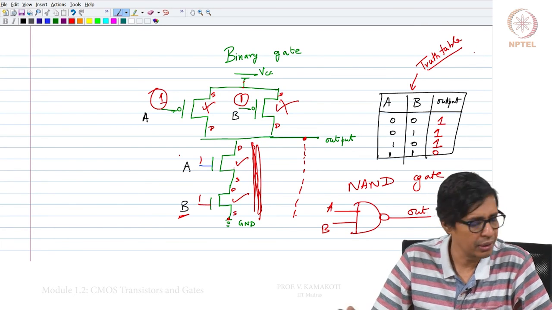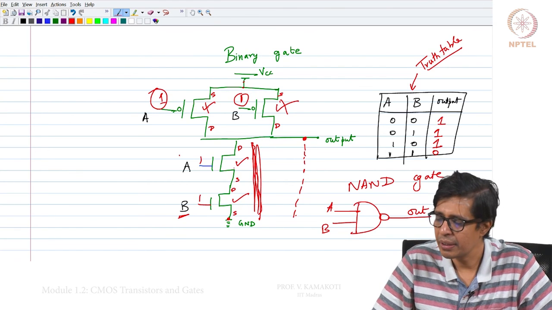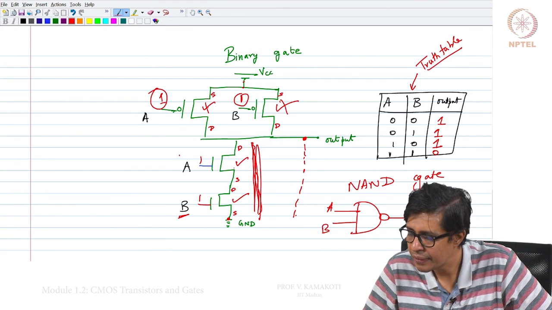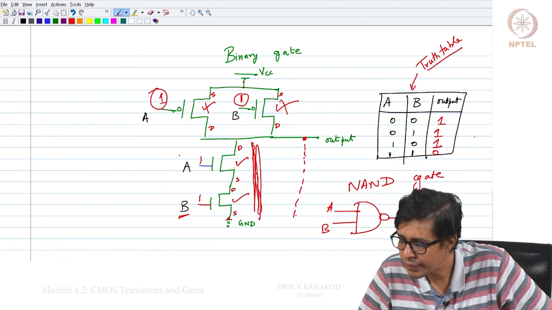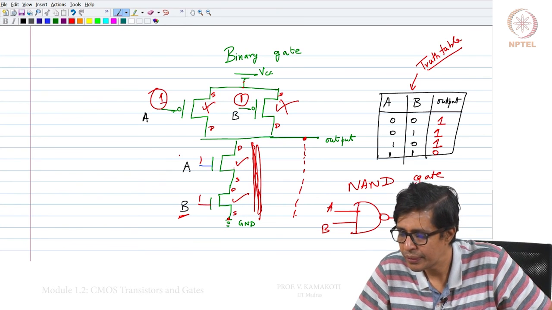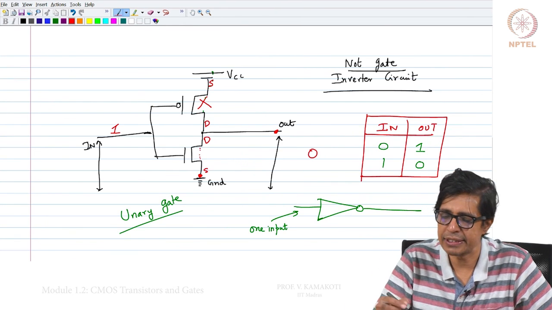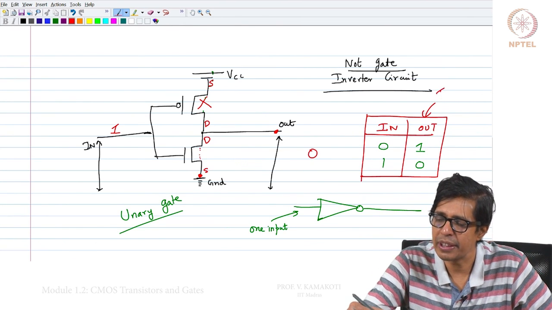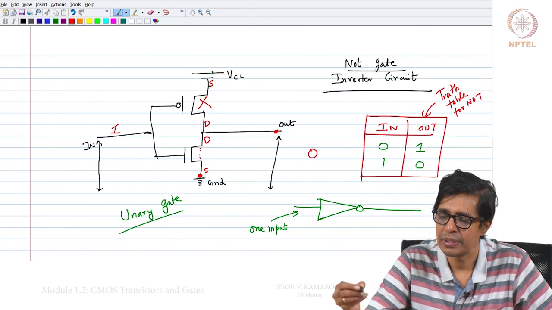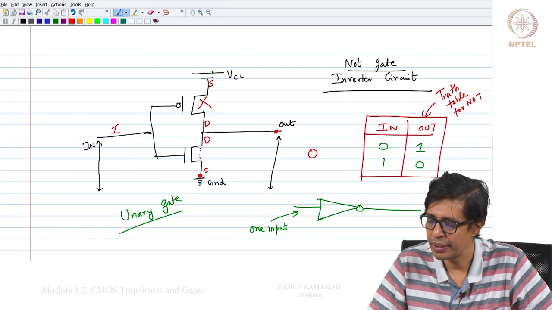Similarly, if you go to the previous one, this is the truth table for the NOT gate. Right.